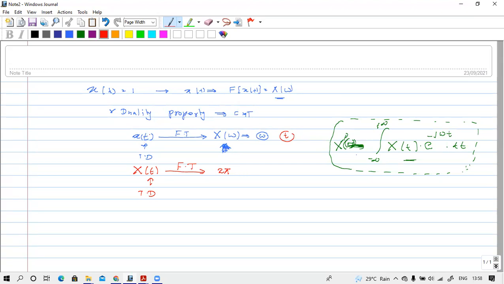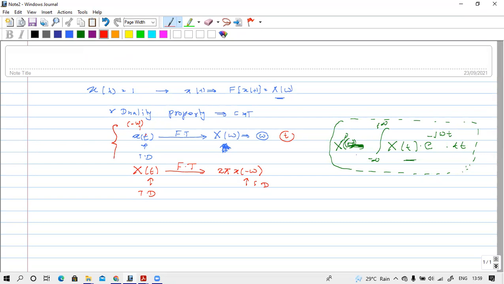This is a time domain signal, and this t is replaced by minus omega, so again it is a frequency domain signal, x of minus omega. So the Fourier transform of X of t is equal to 2 pi x, the original signal, with the independent variable t changed to minus omega. This is the duality property.